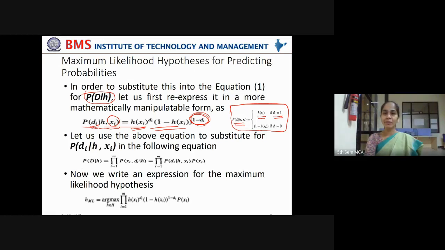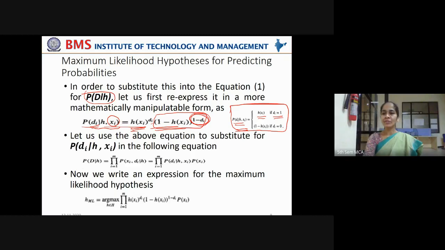The power will become 0, so this entire term will become 1. So the probability when di equal to 1 is h of xi, since this power becomes 1. Whatever I have represented in this box, we are representing in a more comfortable format.